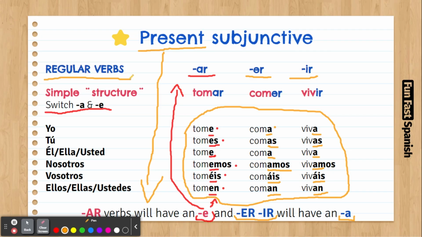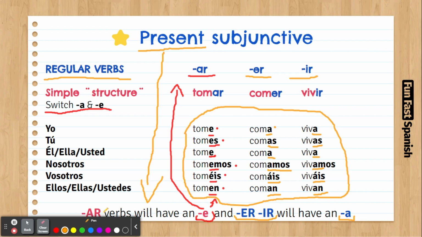Now we have also irregular verbs. We said that for every single tense in Spanish there are irregular verbs and they are different, even though most of them are kind of similar, to be honest. So this is how you conjugate regular verbs.